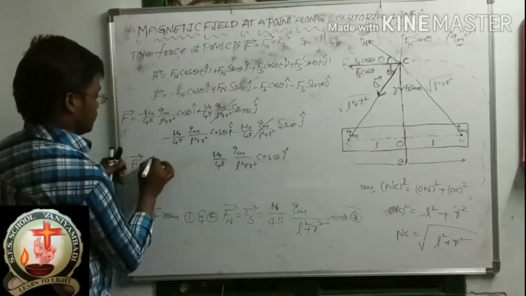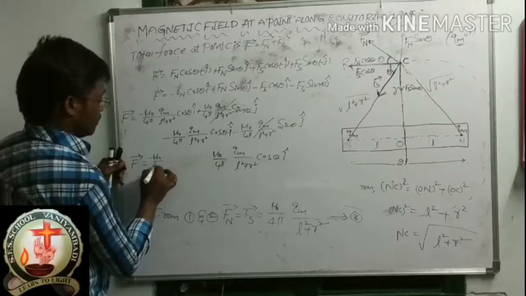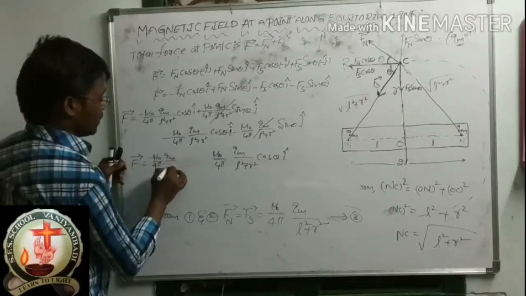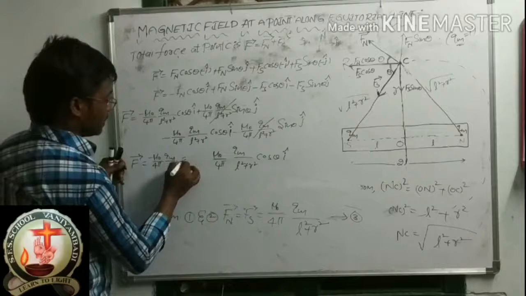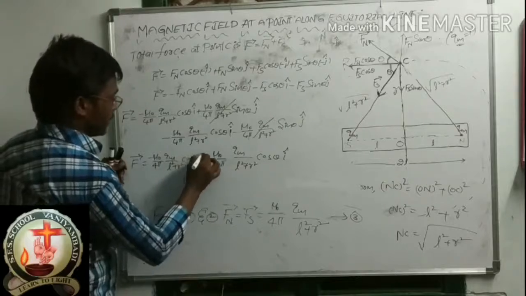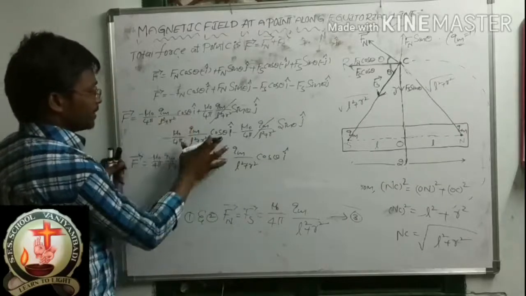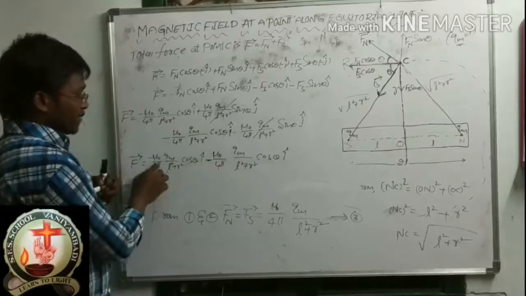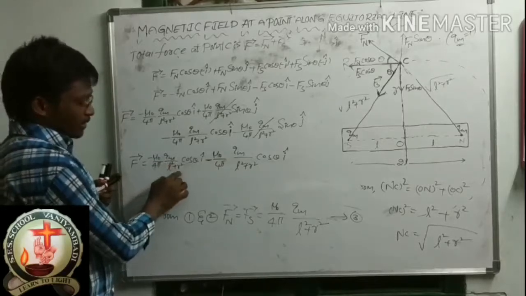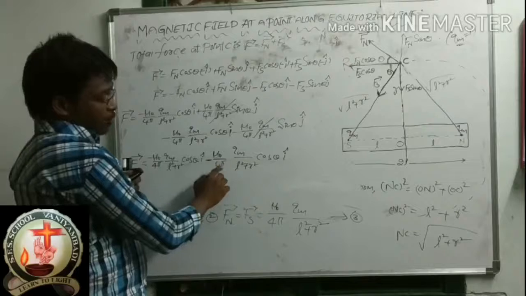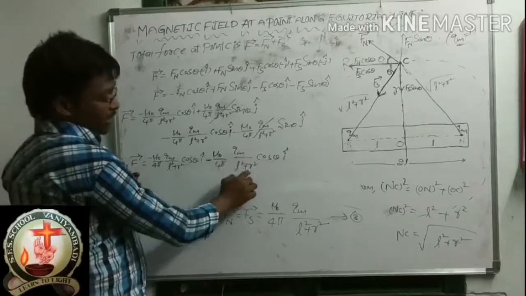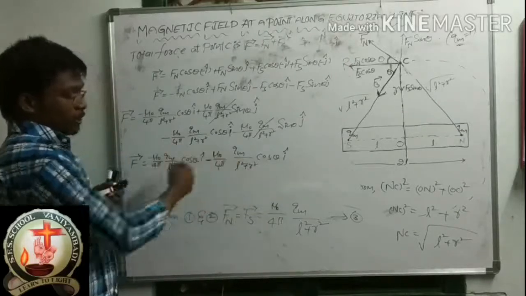What is this term? Minus mu naught by 4 pi qm by L square plus R square cos theta I cap. Now this term and this term remaining. Please see here: minus mu naught by 4 pi qm by L square plus R square cos theta I cap, minus mu naught by 4 pi qm by L square plus R square cos theta I cap. Both are same only, no?